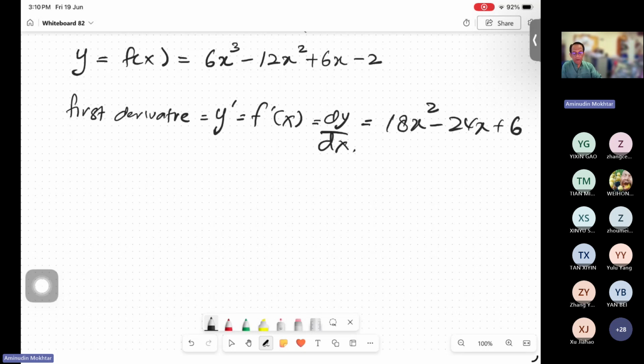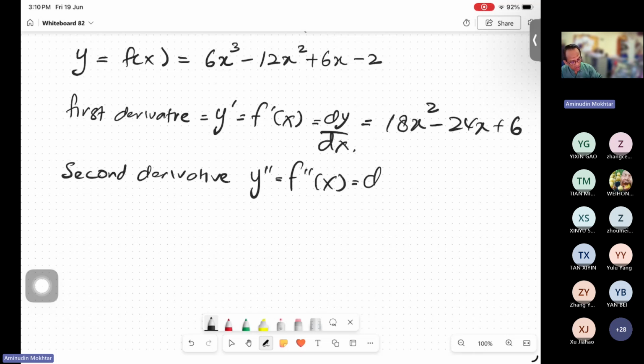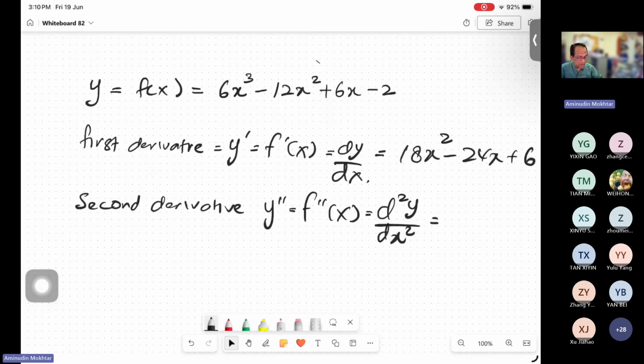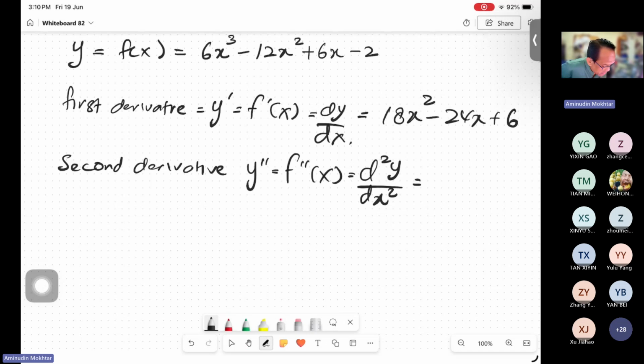And then beside the first derivative, we can also find the second derivative. That is y double prime or f double prime x or d squared y dx squared. What does it mean? The second derivative is the derivative of the first derivative.